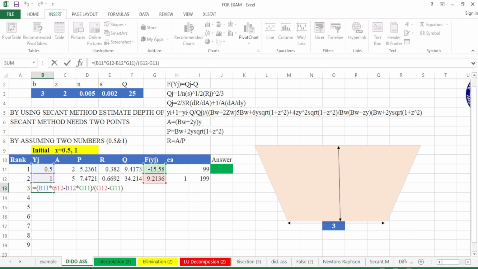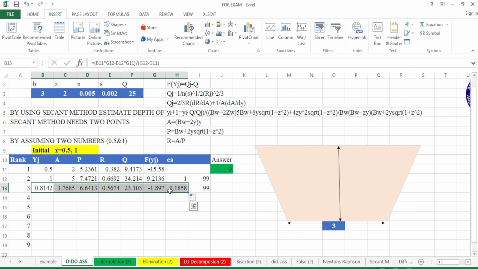We can estimate like this. If you get the perfect answer for this result, you have to populate this result for the remaining steps, okay?